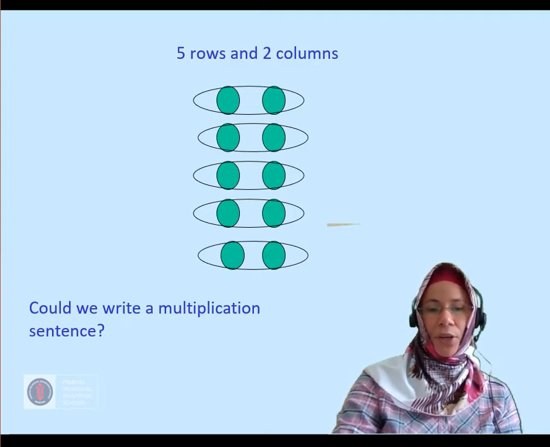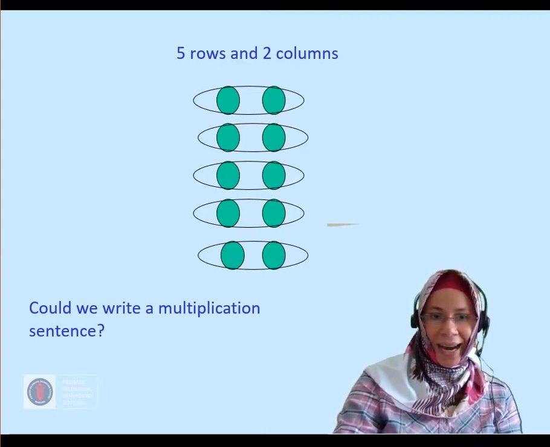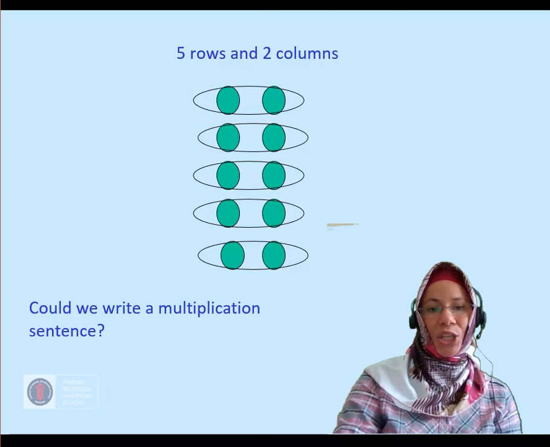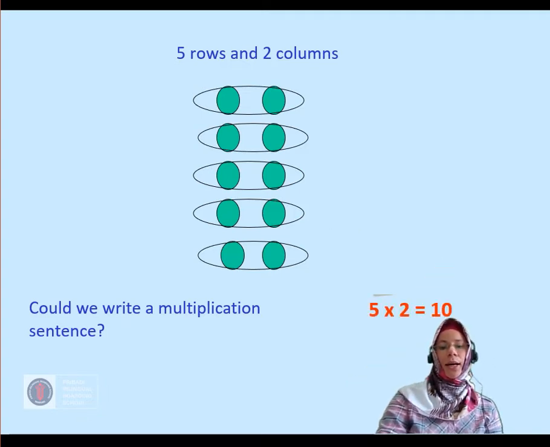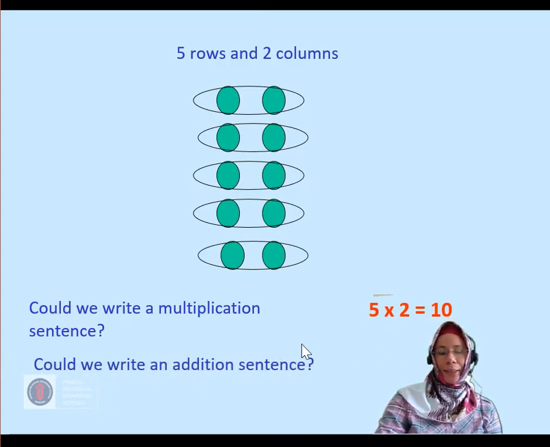So we have 5 rows. 5 times, how many in each row? 2. 5 times 2 is 10. 10 is the total, okay? The total part. So as you see, 2, 4, 6, 8, 10. We have 10 counters here. So 5 times 2 equals 10.